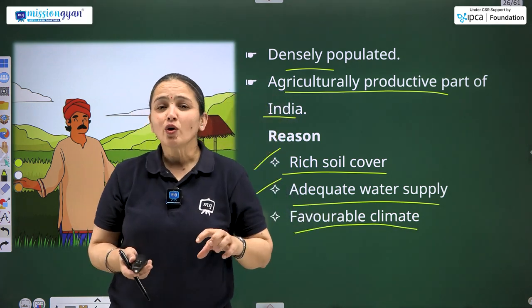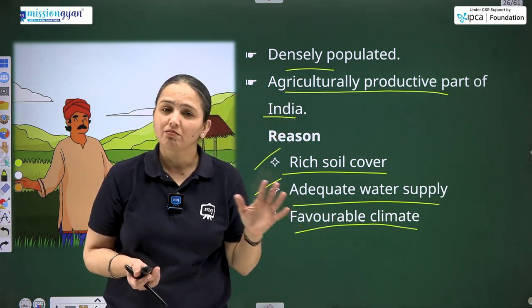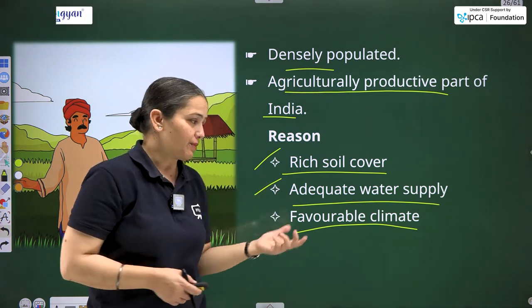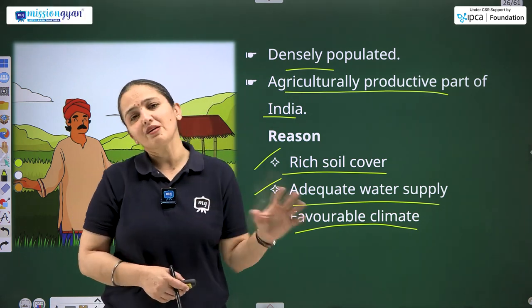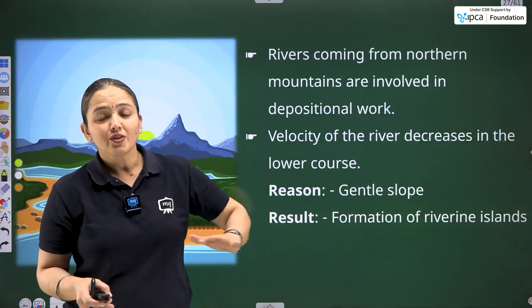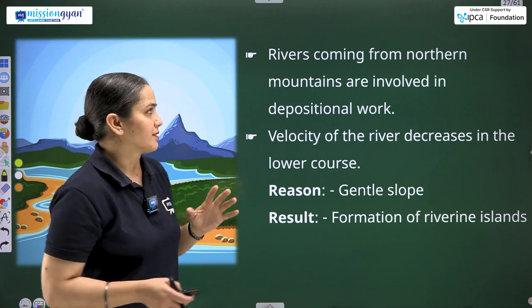The temperature is not in extreme conditions. It is found over there in survivable circumstances. So the climatic condition is neither too hot nor too cold.